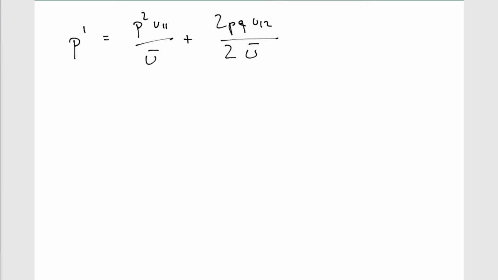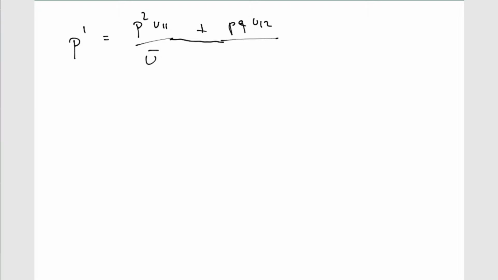And so this can be simplified just a little bit by removing the 2's here, which will cancel each other out. And now we have the same denominator, so we can just combine this term here by doing this.